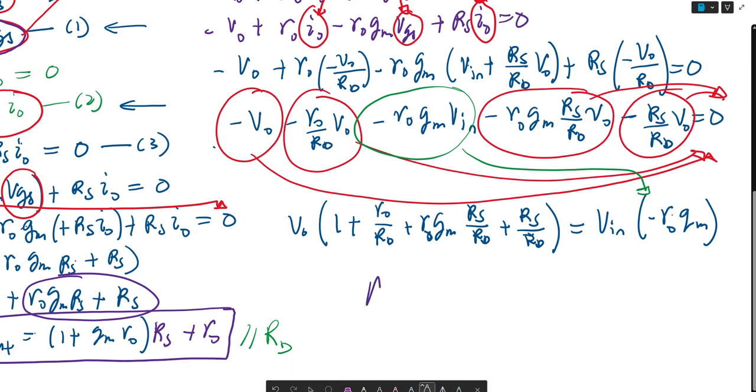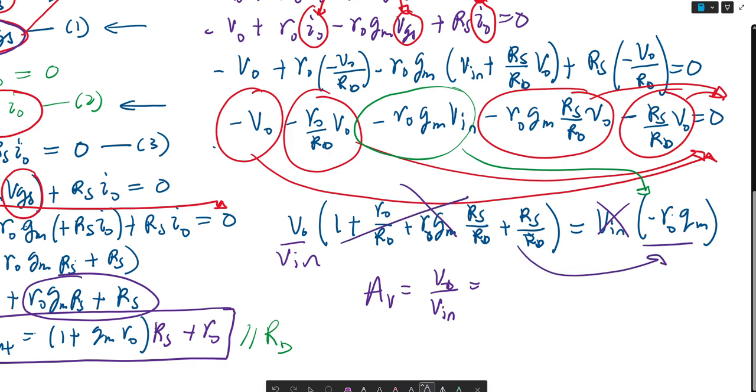And so we have our answer. So this is going to be AV equal to VO over VN. In order to get this, this is the numerator, so we're dividing this over. So this is VN, and we're dividing this over here.